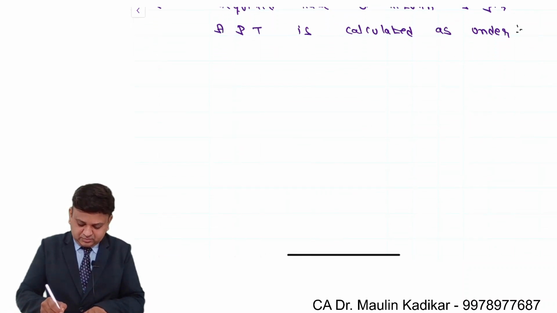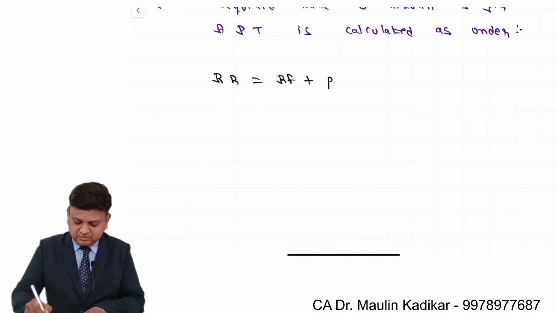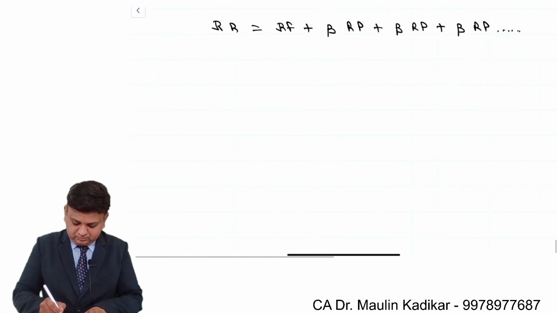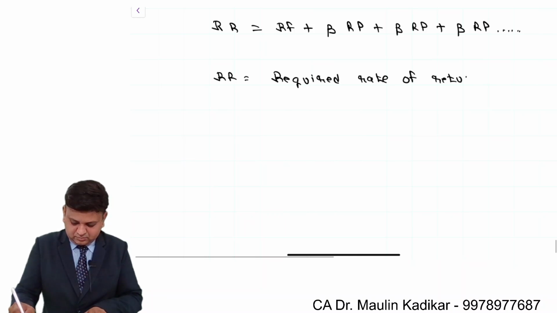In that, write down: required rate of return is equal to RF plus beta into risk premium plus beta into risk premium plus beta into risk premium, and so on. RP stands for risk premium.